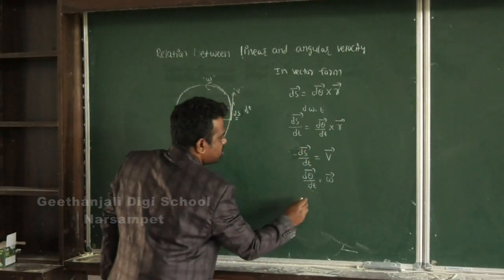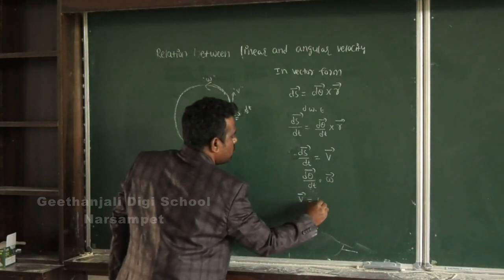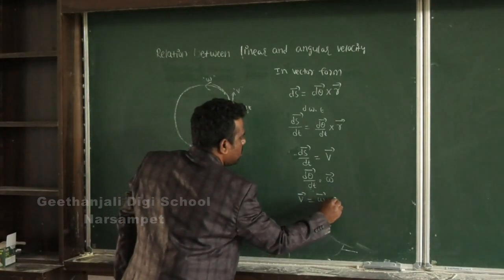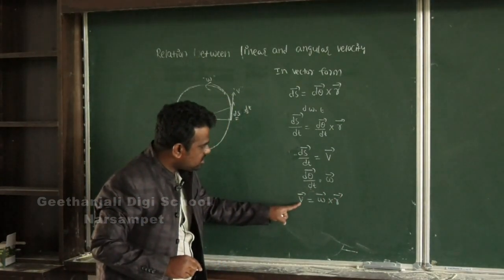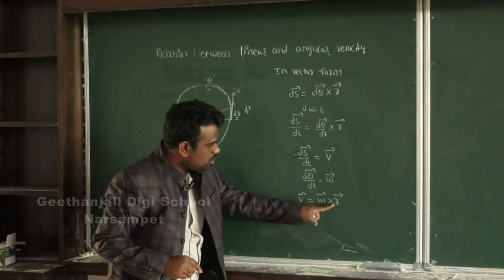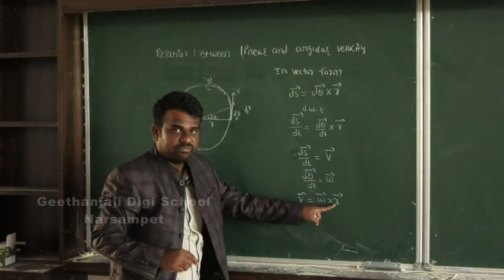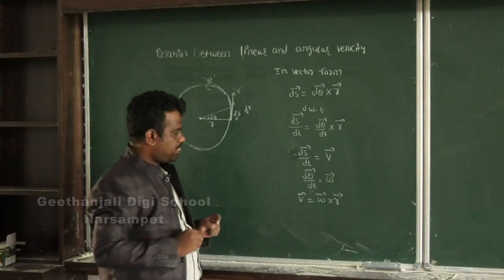Now this equation changes as v bar is equal to omega bar cross r bar. Yes, this is the linear velocity, this is the angular velocity, this is the position vector of the particle or radius vector of the circular path.